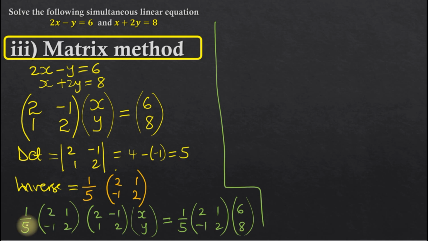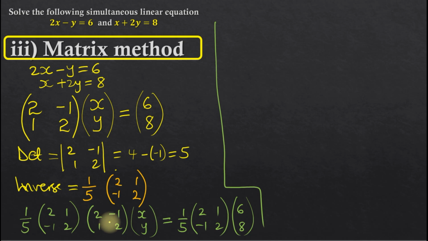Then just allow me to leave the 1 over 5 as it is. I take this matrix and this matrix and multiply. So remember, the resultant matrix will be a 2 by 2 matrix.